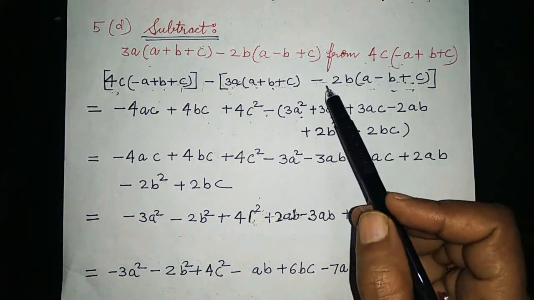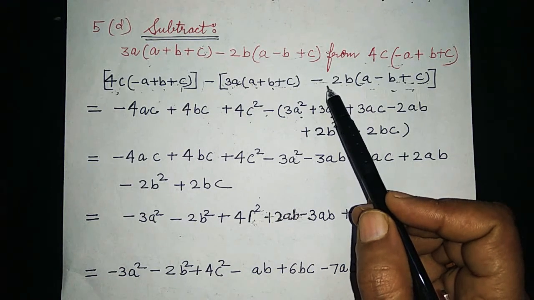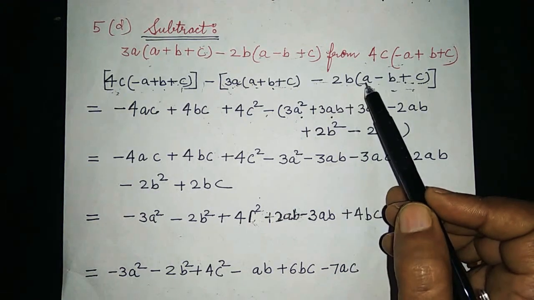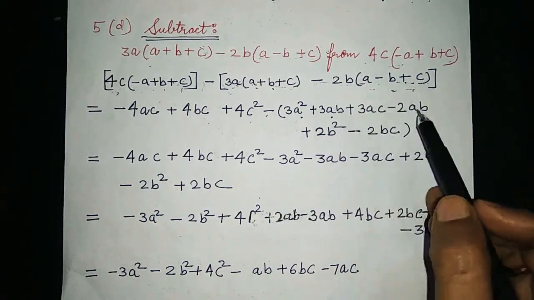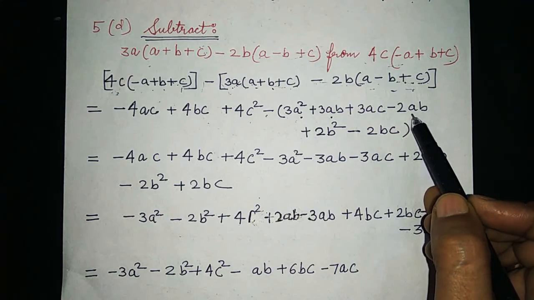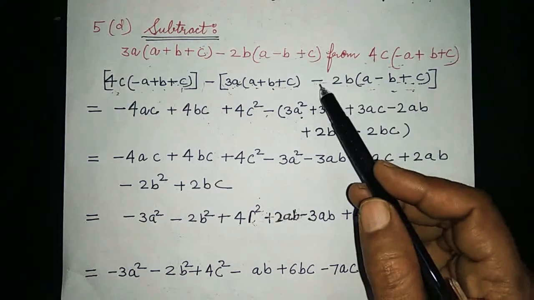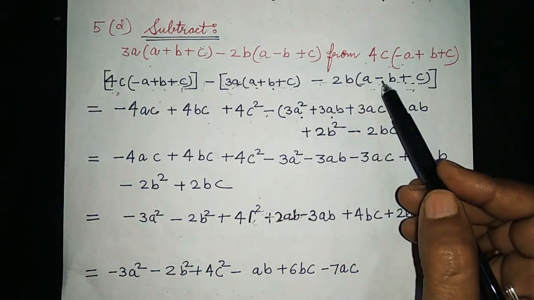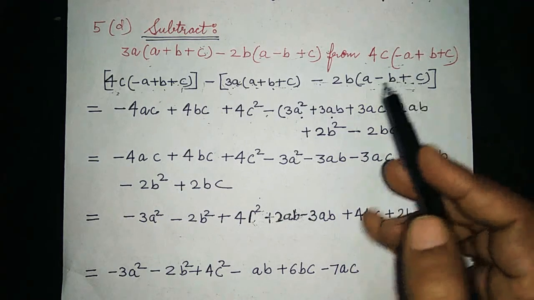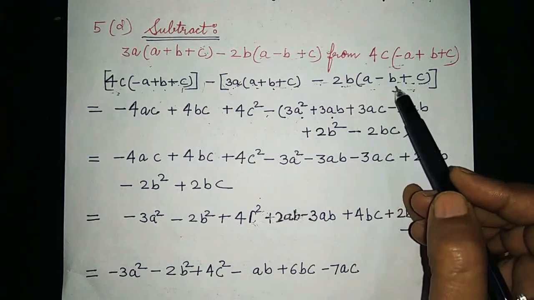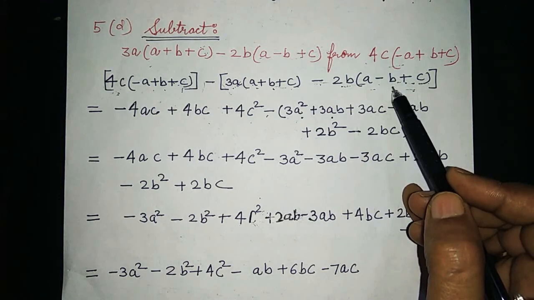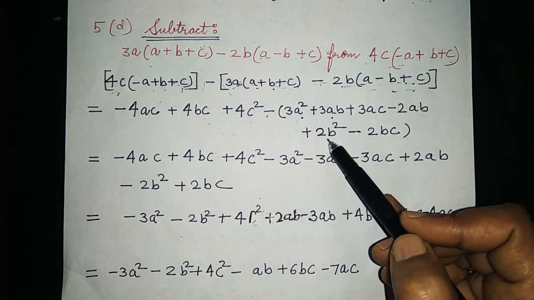Now this minus 2b, we multiply with this plus a. We will get minus plus minus, and 2b into a, 2ab. Now this minus and this minus, if we multiply we get plus, and this 2b and this b, when we multiply we get 2b square.